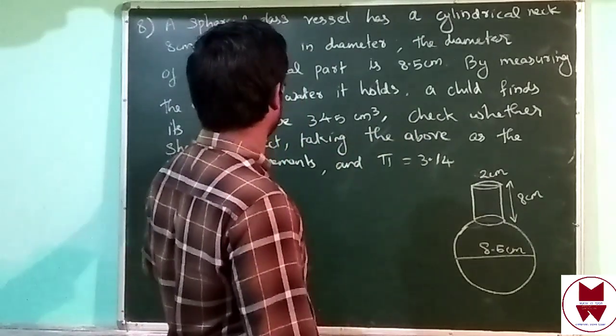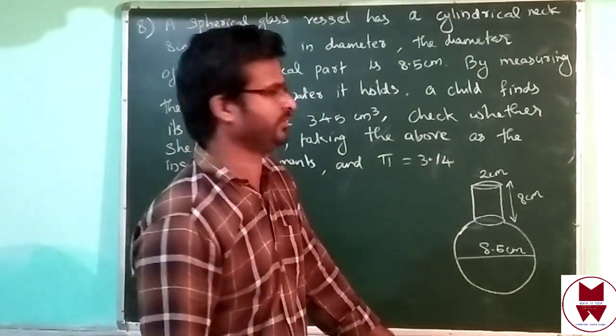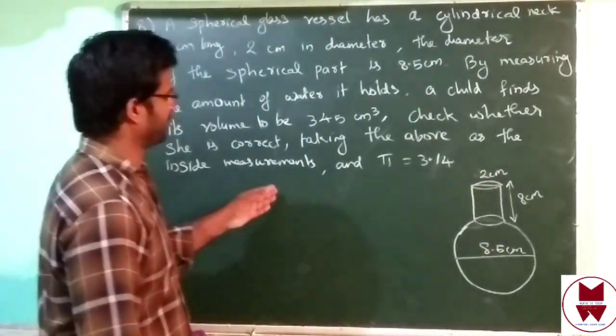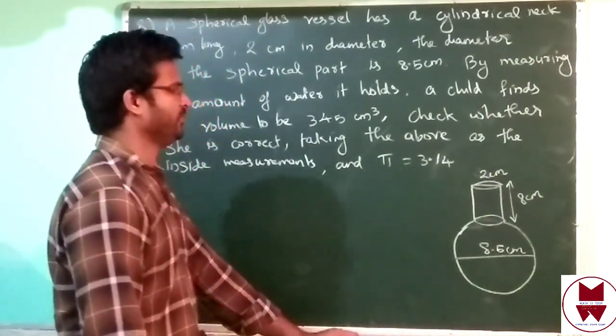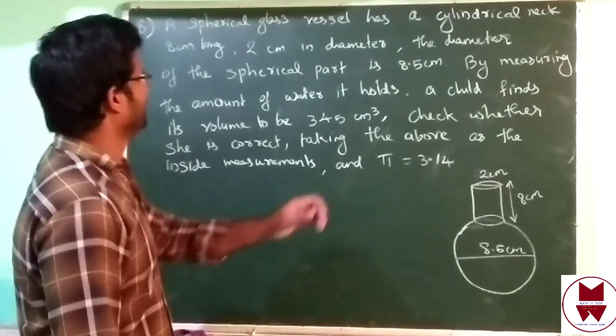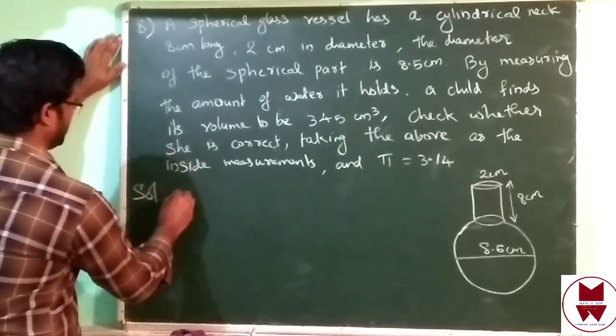Already one child measured how much water it can hold, that is 345 centimeter cube. Check whether she is correct or not. We don't know whether this answer is correct or not, we have to check that one. Taking the above as the inside measurement and pi equal to 3.14, we have to find out the volume of this spherical glass. We can write what things are given here.